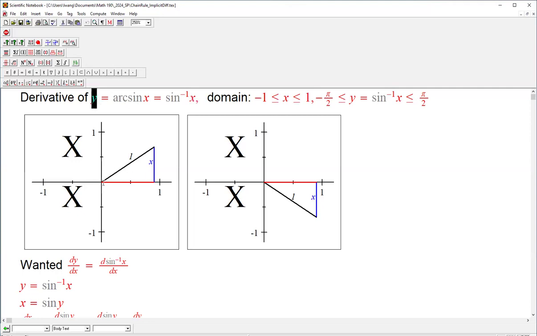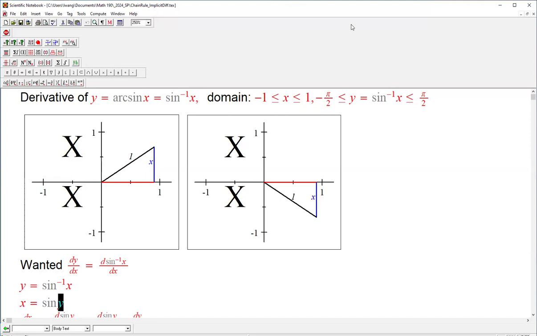This angle either terminates in the first quadrant or terminates in the fourth quadrant. And this also means that if y equals arcsine x, then x equals sine of y. So x equals sine of y means y is the angle.